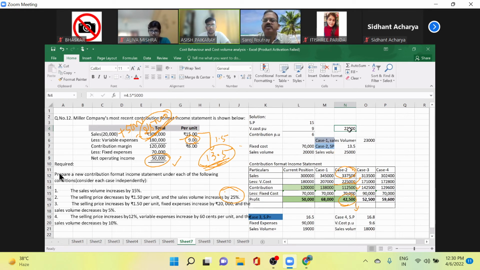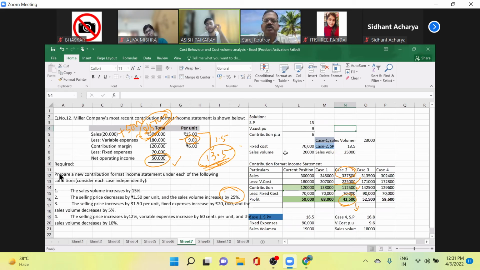But then in this context, if you are changing, 22,500 is an increase or decrease? Decrease. But earlier our profit was 50,000. Now it has only decreased by 7,500.